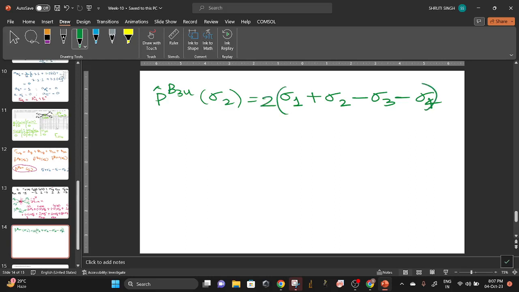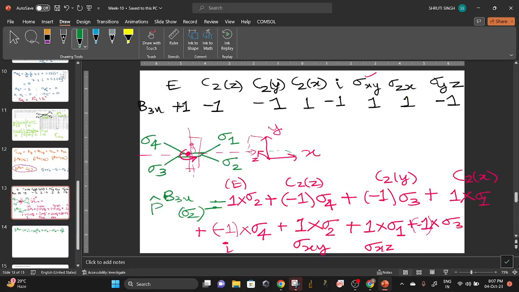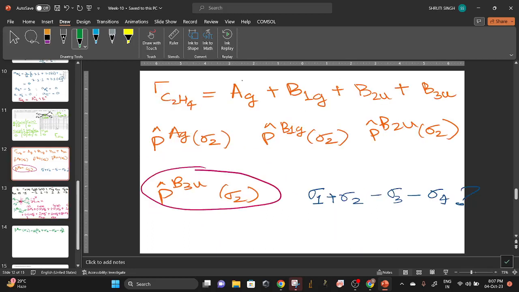So this coefficient does not matter. The answer to this question, which I told, is P3U because of this. Otherwise you will have to check it with AG, B1G and B2U.